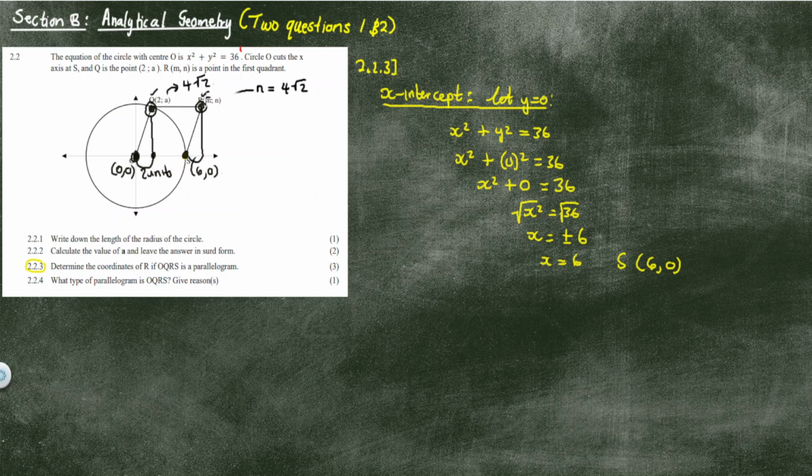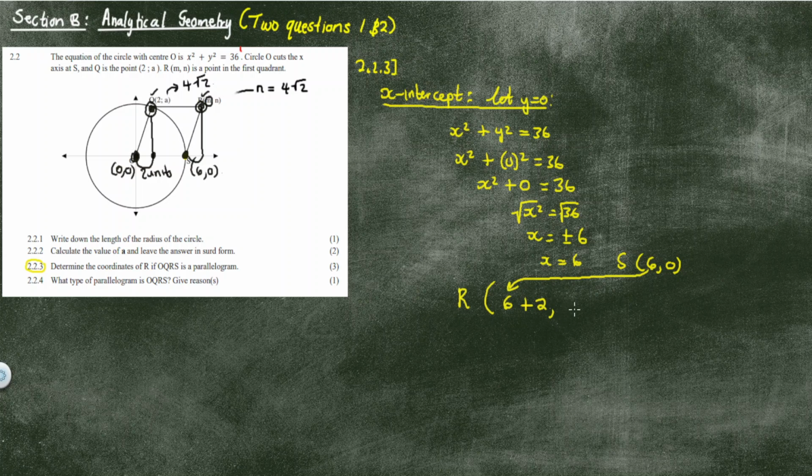But I want the coordinates of R. For the coordinates of R, I will say the x coordinate is equal to the x coordinate of S, which is 6 plus 2. Why? Because R shifted 2 units, just like Q shifted 2 units. So I add 2 on top of that 6.